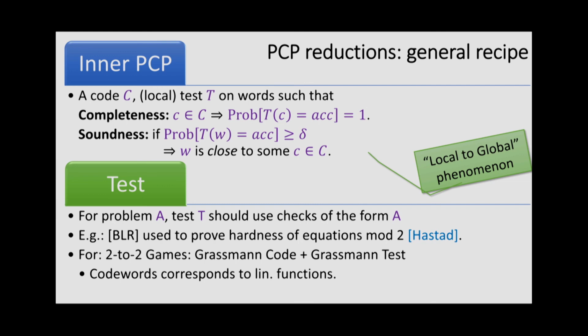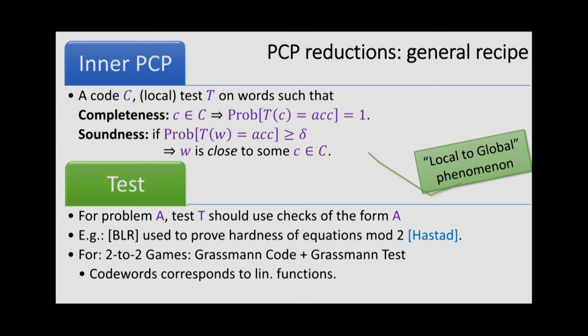It should use checks of the form A. For example, if you look at this BLR test from the right direction, what it really is is a linear equation with 3 variables, the 3 variables being f(x), f(y), and f(x plus y). And indeed, you can use that to prove hardness for the linear equations problem. This was done by Hastad.